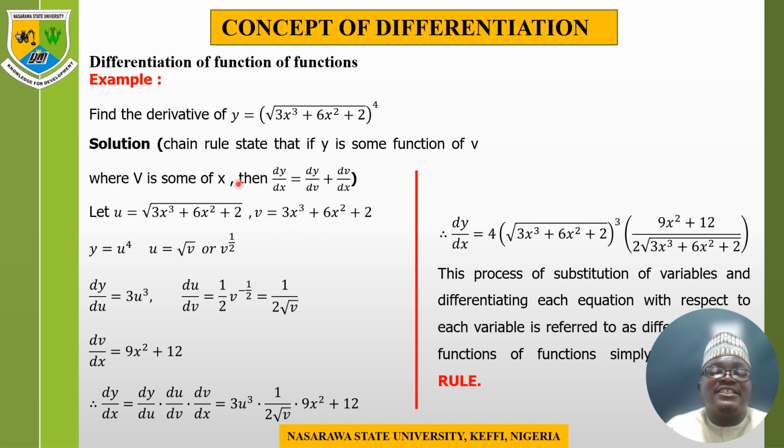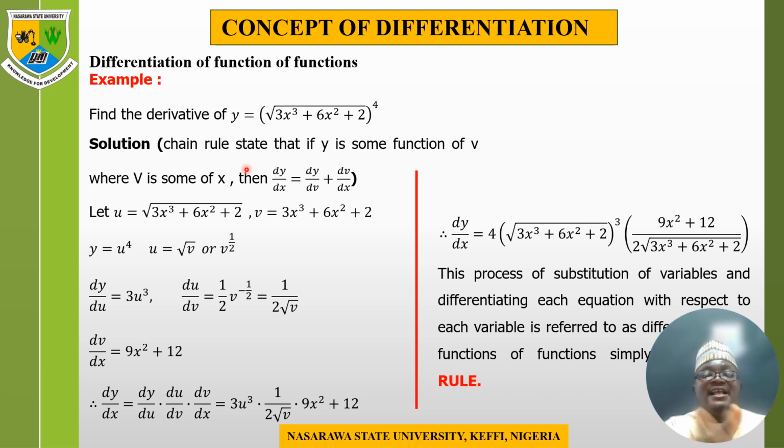Then what we are saying in general here, we let u equal to this and v equal to what is inside the root here. Then if our u, we let it to be what is here, and our v is what is inside the root, then we are going to have this here. Y is going to be changed to u raised to power 4.